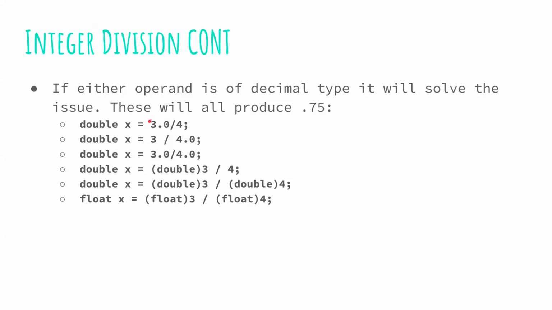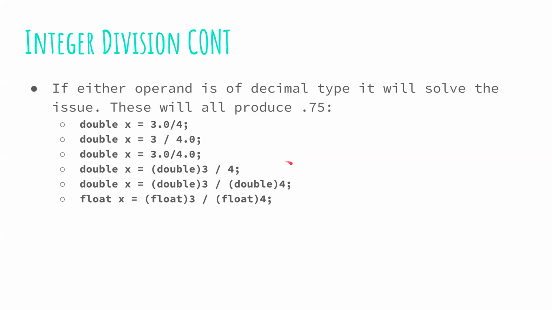So you can make this first one be a decimal, 3.0 divided by 4, and that'll give you your 0.75. Since this is a double, it'll keep the 0.75, and we don't do integer division here, so it's perfect. Likewise here, you can change this value instead of the first one, either or, as long as one or both are of a decimal type, then we are good. So here we have the example of both.